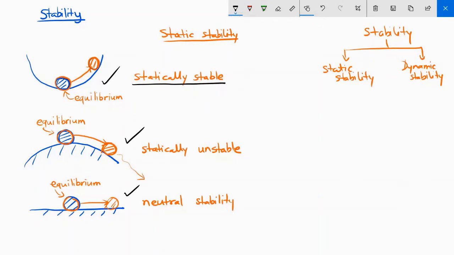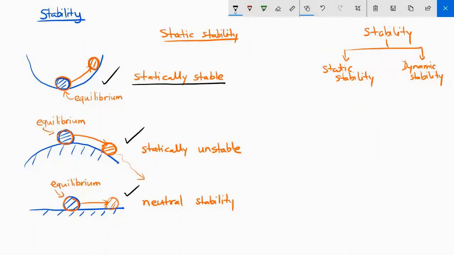So in all these three cases, the system is statically stable in the same way, but it has different dynamic stability characteristics. Okay, because dynamic stability is concerned with the entire time history of the behavior of the system once it is perturbed, whereas static stability is only concerned with the initial tendency.